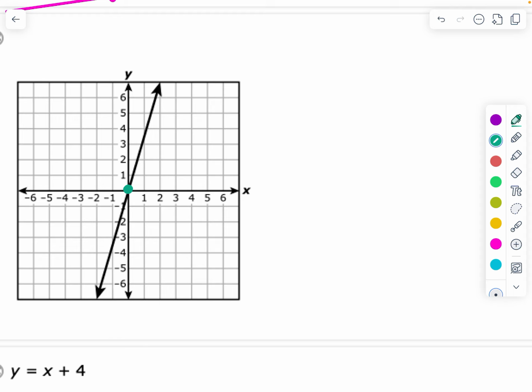It's 0. So if I wanted to find the slope here, I'm going to go up to where I see this cross and this line here, and that's about halfway. Let me follow it down this way. So down 3 and over 1, is that right? No, down 3, there it is. There's where it crosses right there.